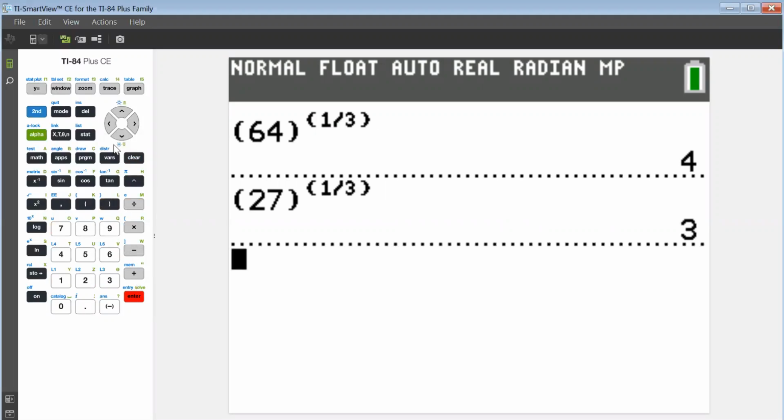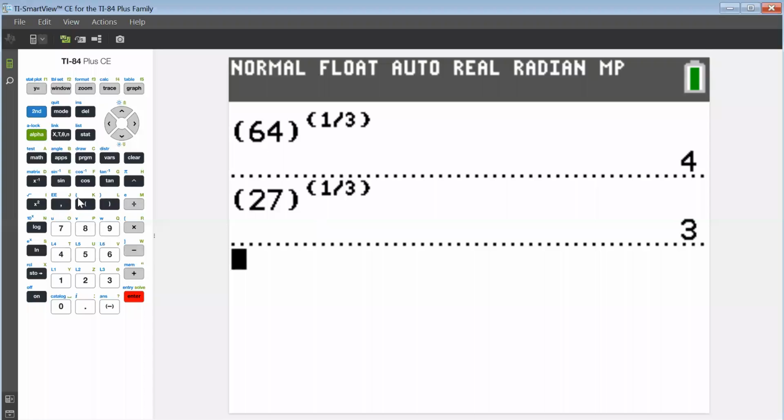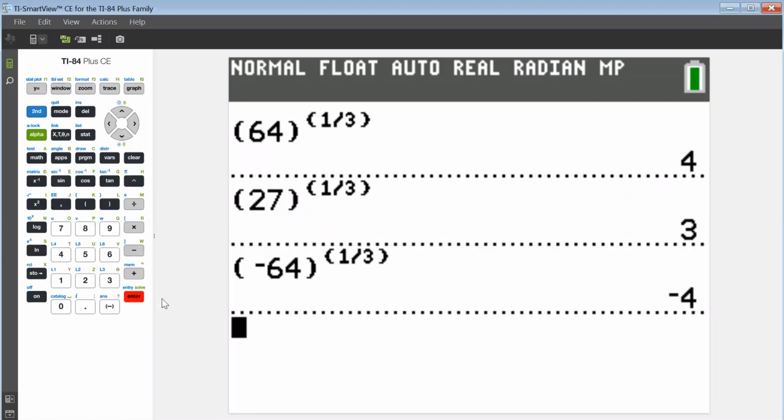And then the last one was negative 64 raised to the 1/3 power. So I have open parentheses, negative 64 raised to the 1/3 power. And I would get negative 4.